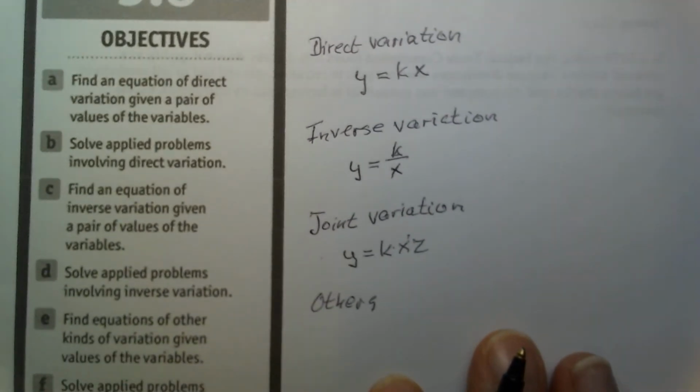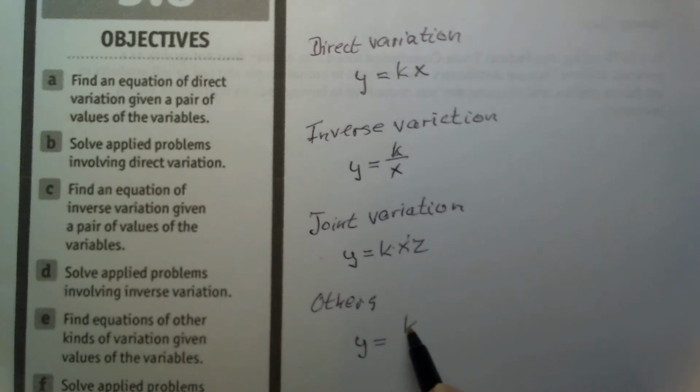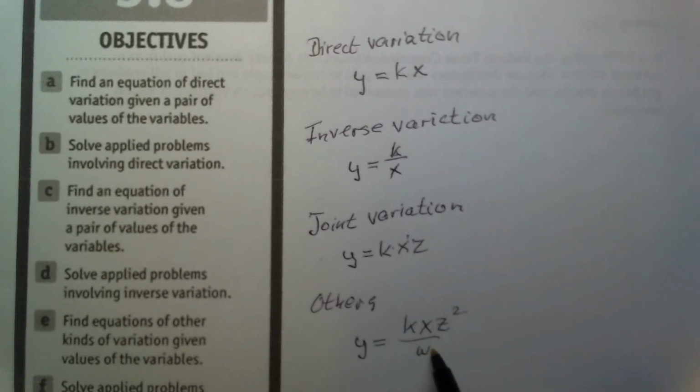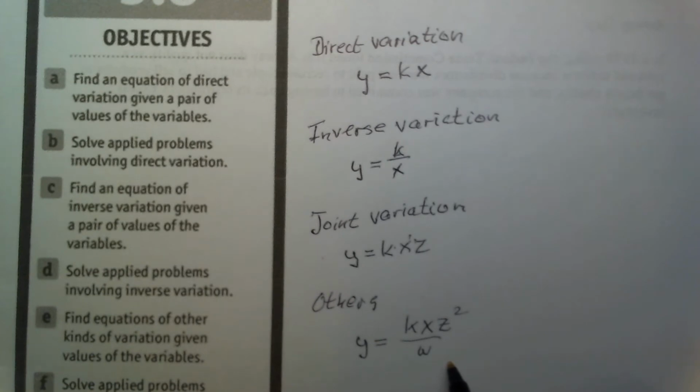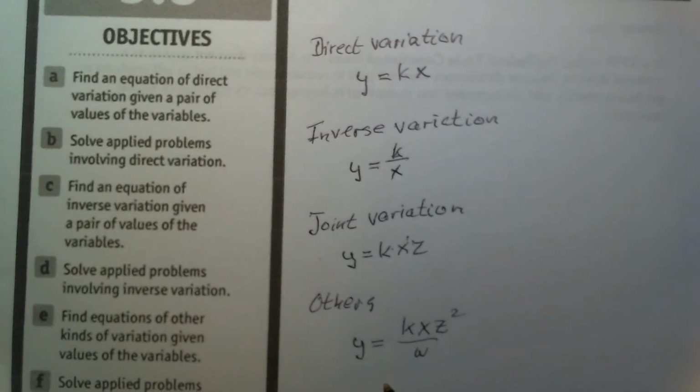So others would be, for example, where y is equal to k times xz squared divided by w. In other words, y varies jointly as x and the square of z, and inversely as w. So that would be that kind of variation. And we'll be looking at all of these variations.